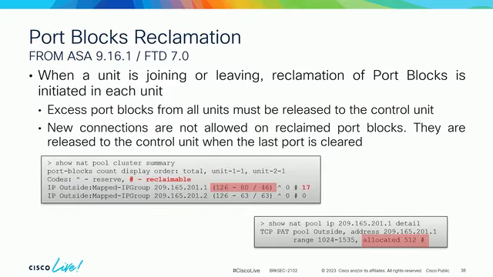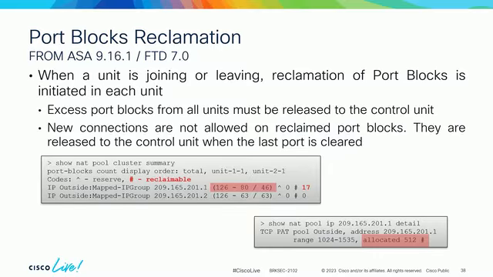So, for example, in this output, we can see that for the first PAT IP address, out of 126 port blocks, 80 port blocks are owned by unit 1-1 and 46 port blocks are owned by unit 2-1. So unit 1-1 is owning more port blocks than unit 2-1.